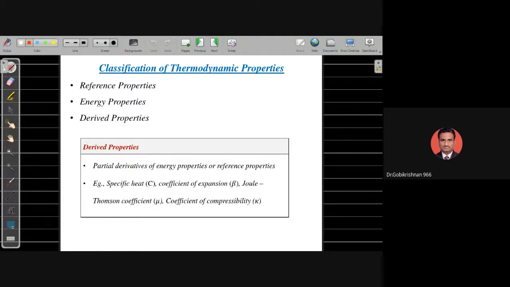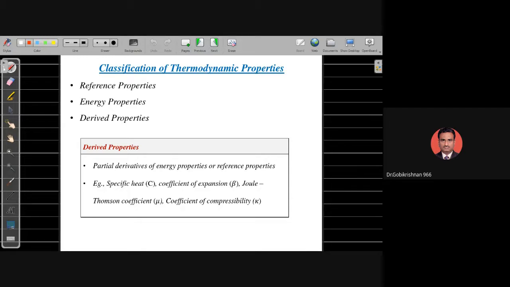For example, derived properties are specific heat and coefficient of expansion. The expansion means thermal expansion. If you take a material, it may be a solid or a metal or something else, what will happen when you heat that object? It will try to expand. That is called the coefficient of expansion, which is represented as beta.